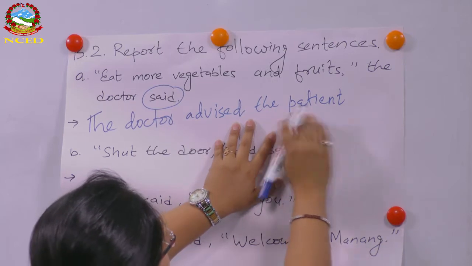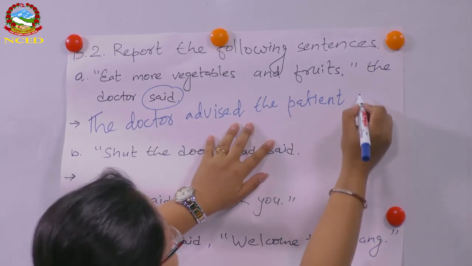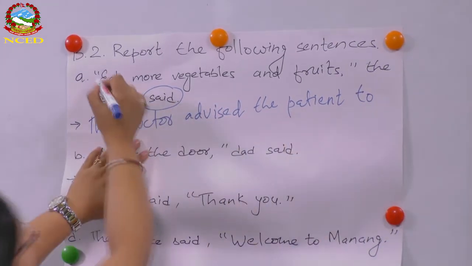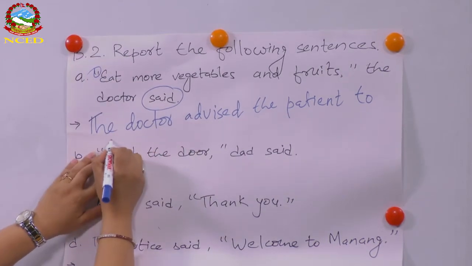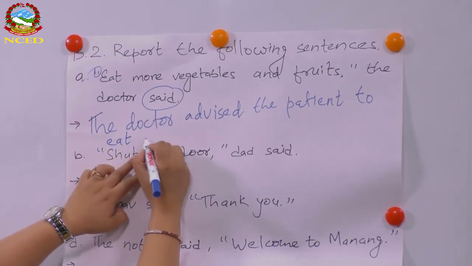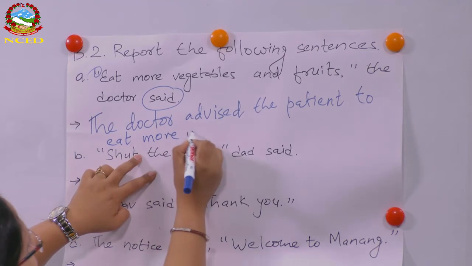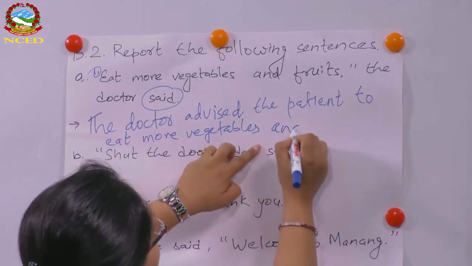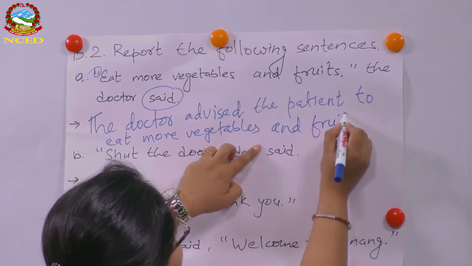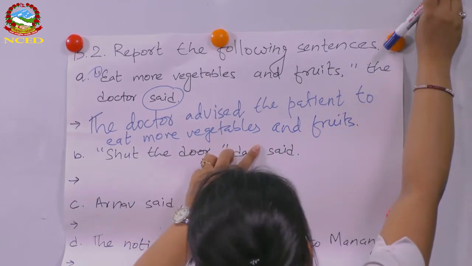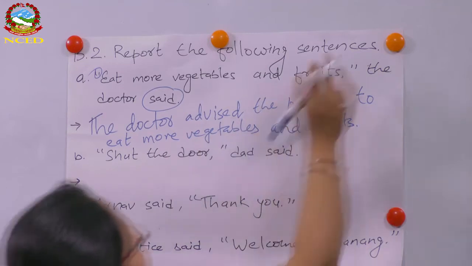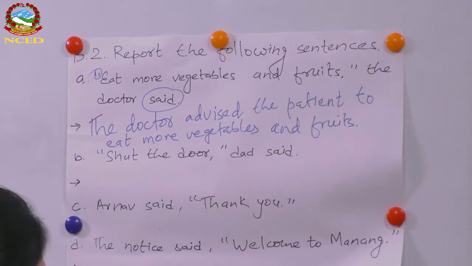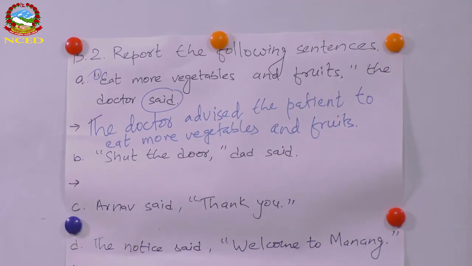The doctor advised the patient. Now we need to replace the inverted comma. To eat more vegetables and fruits. And there is no adverbial, no pronoun here to be changed. So this is a bit easy sentence, isn't it?